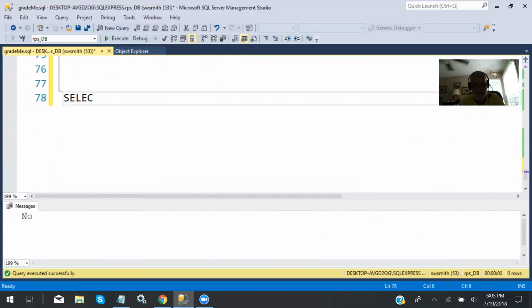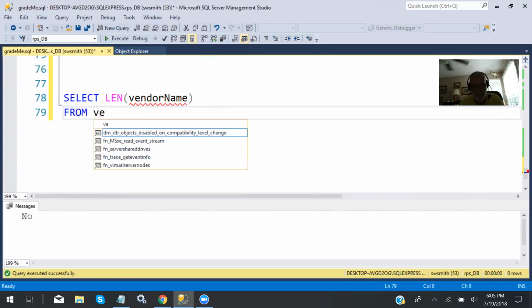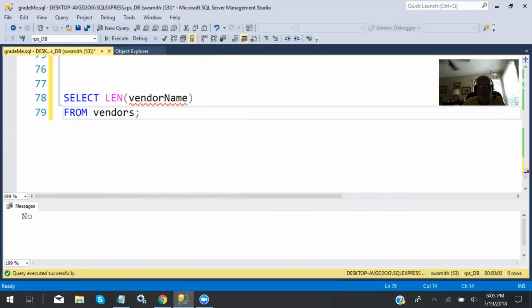Select the length, L-E-N, the length of the vendor name. How long is the vendor name? From vendors. And I should get some numbers here.